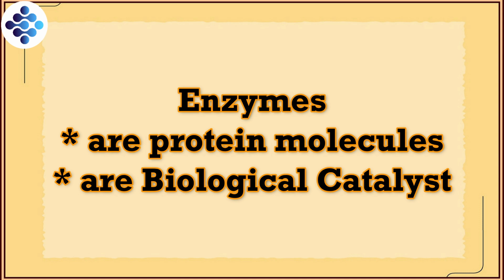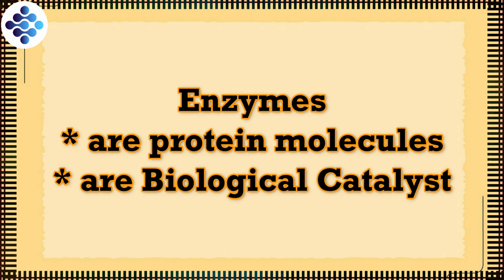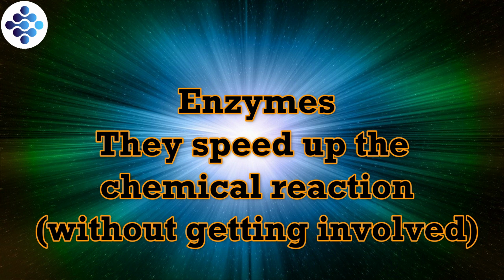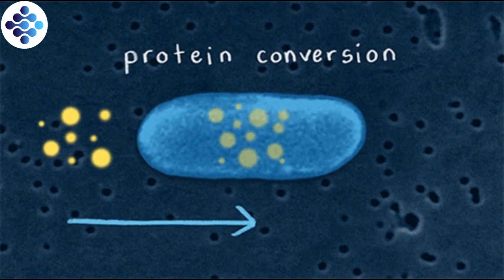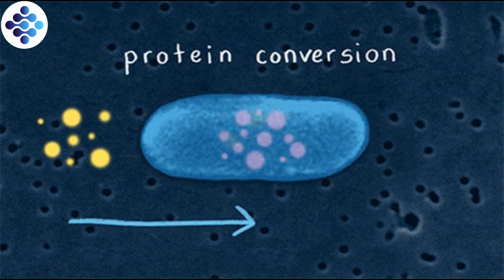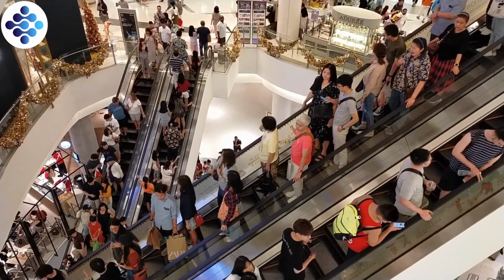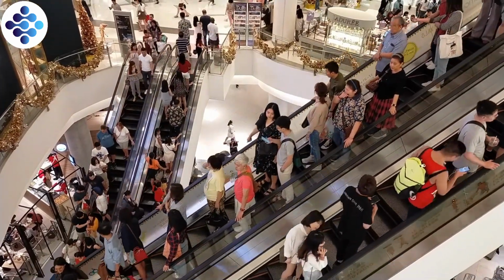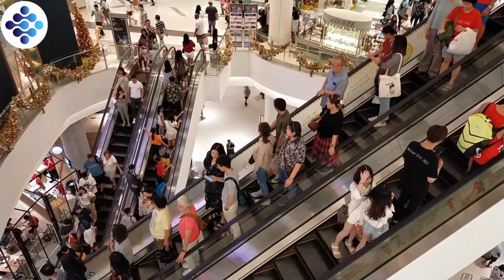So enzymes are protein molecules in cells which work as biological catalysts. They speed up chemical reactions in the body but do not get used up in the process. Therefore, they can be used over and over again. It's like an escalator. The same escalator is getting used again and again each time there is a new passenger.